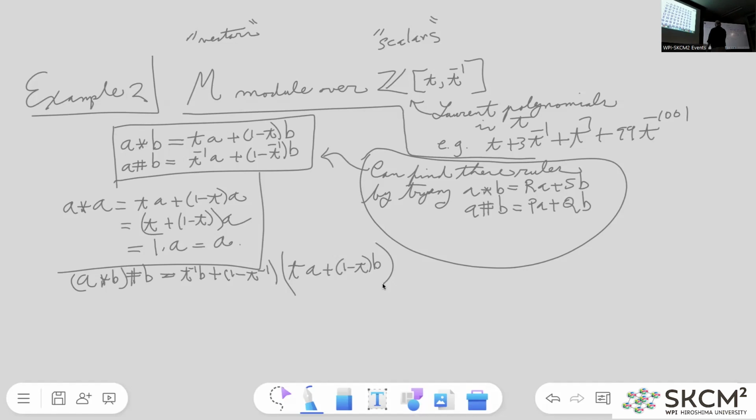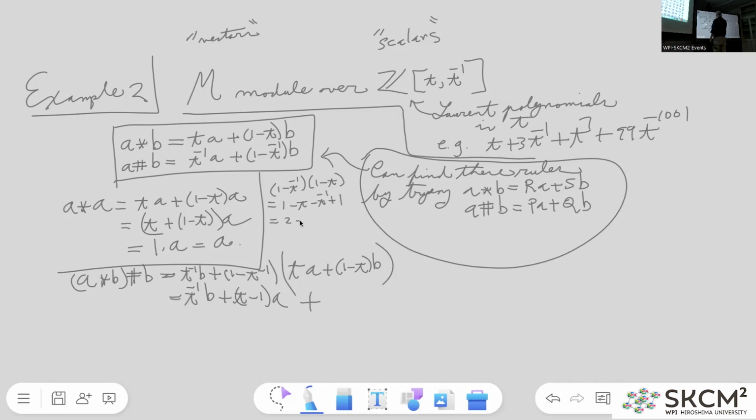Okay, so I get T inverse B plus T minus 1 times A, multiplying that out, plus 1 minus, I have to multiply 1 minus T inverse times 1 minus T. So that's going to be 1 minus T inverse plus 1.